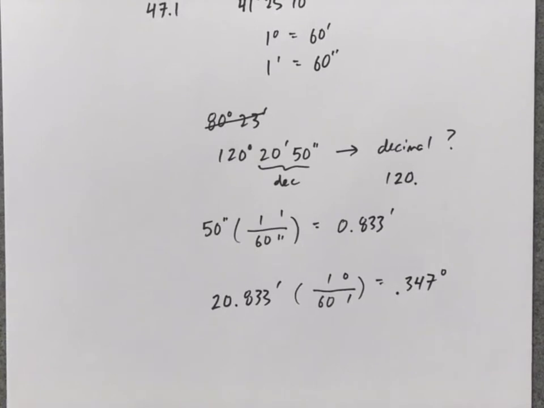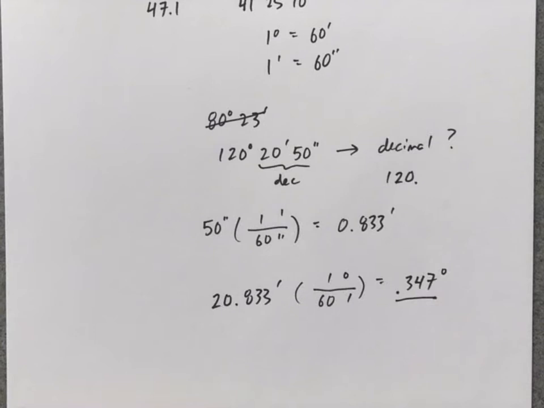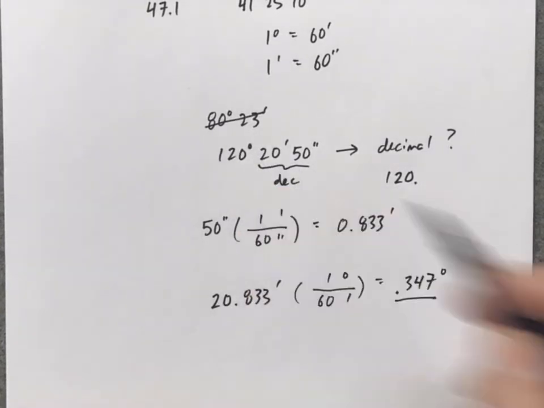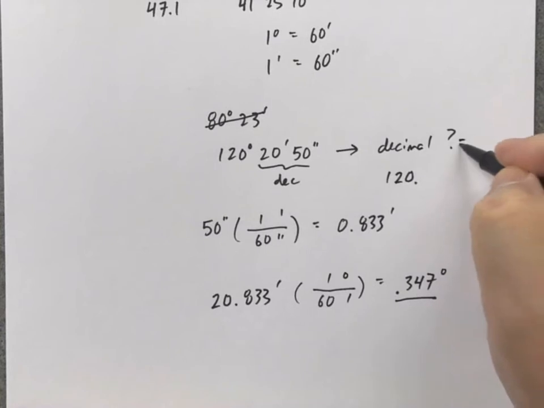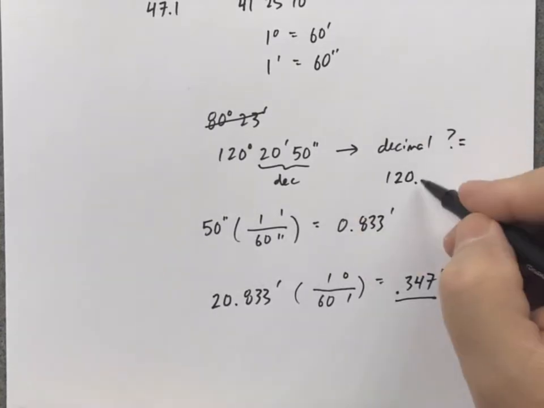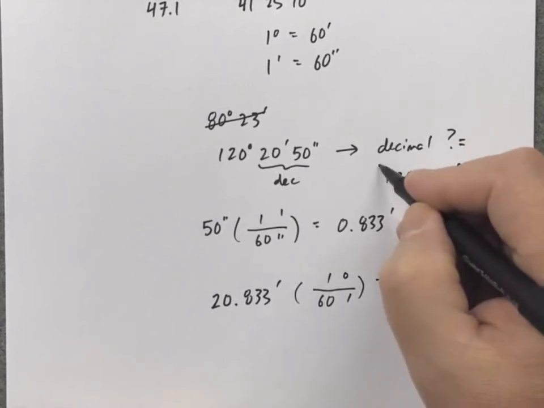0.347 degrees. So now this right here is the decimal part of our original angle. So then I can say, or let's write it down here, 120.347 degrees.